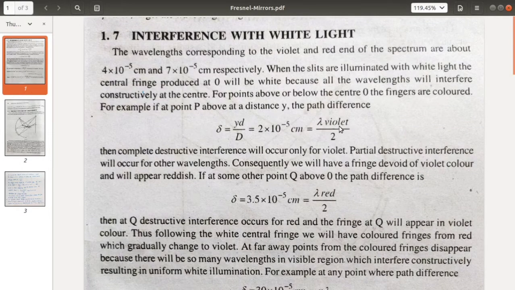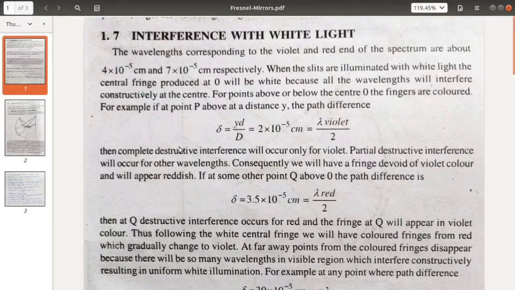this is corresponding to lambda violet by 2. That means if you calculate the path difference of the two light waves interfering at a point P, which is at a distance y from the central point O, this value is nothing but half of the violet wavelength, the blue wavelength.